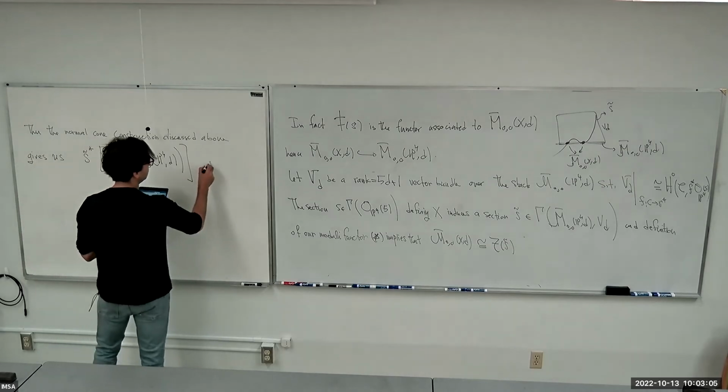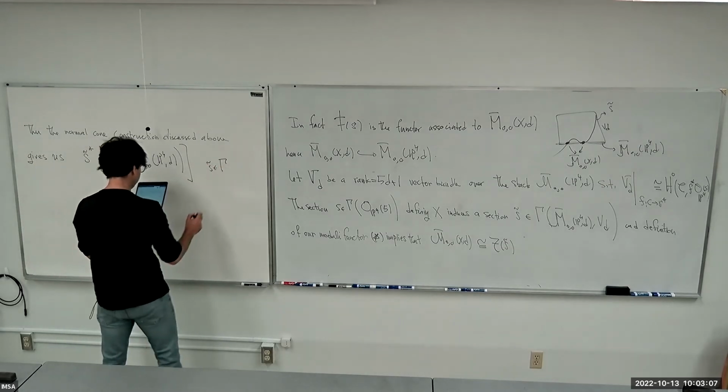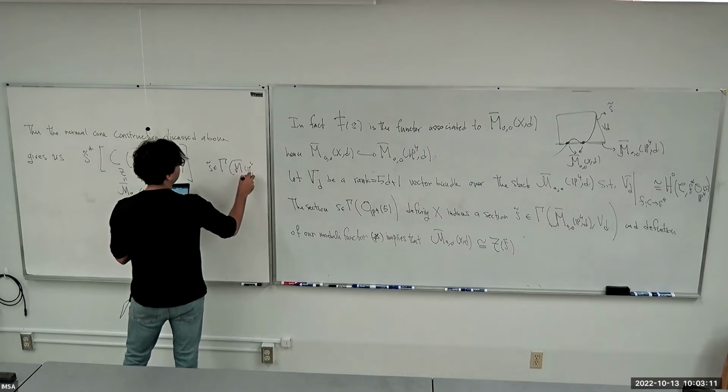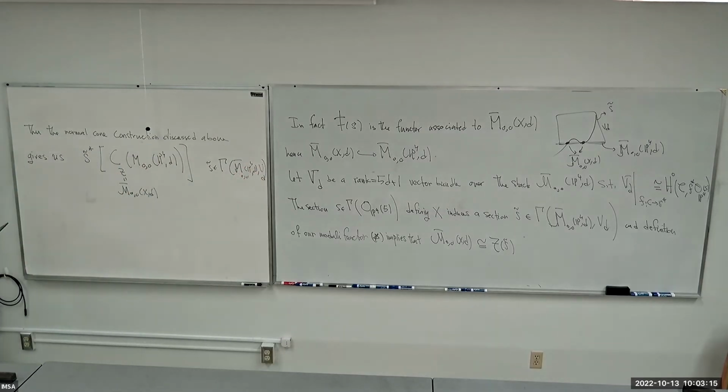And this S tilde again is in the space of sections of M bar 0, 0, P4, D of this vector bundle, suitably constructed.